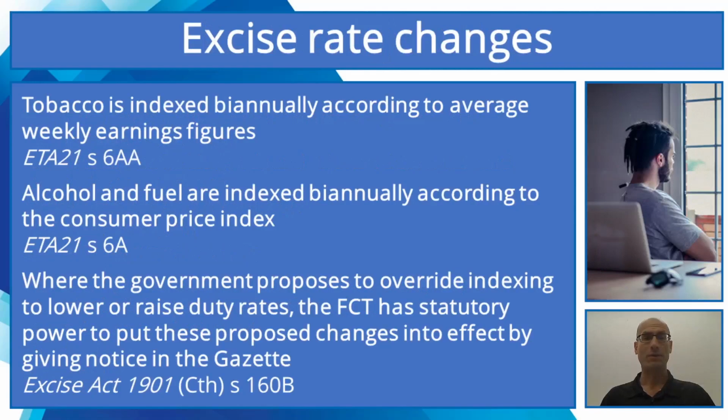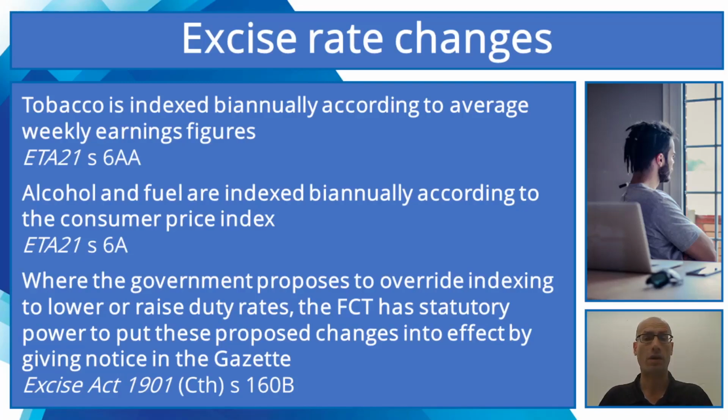As anybody who's ever either drunk alcohol or smoked cigarettes may be acutely aware, the price of such things goes up twice a year. So tobacco, in terms of its price increases, changes twice a year based on the average weekly earnings figures. So they're indexed to earnings based on data gathered by the ABS.